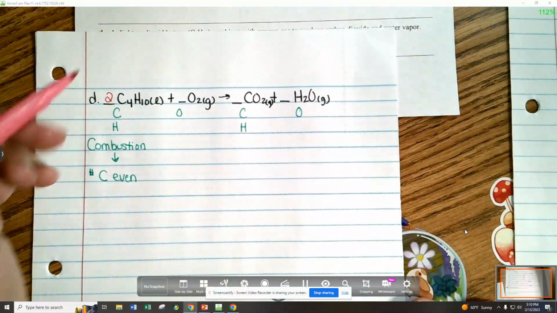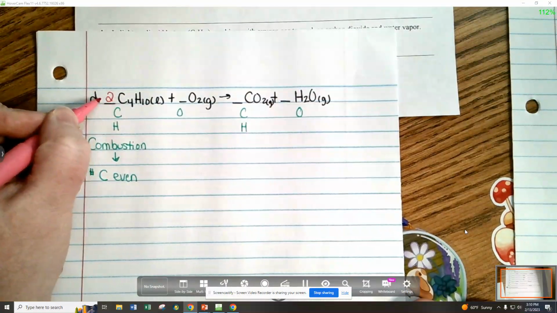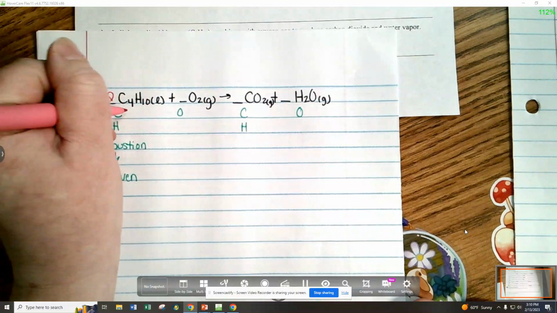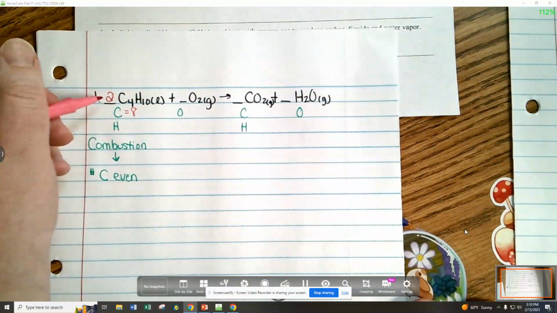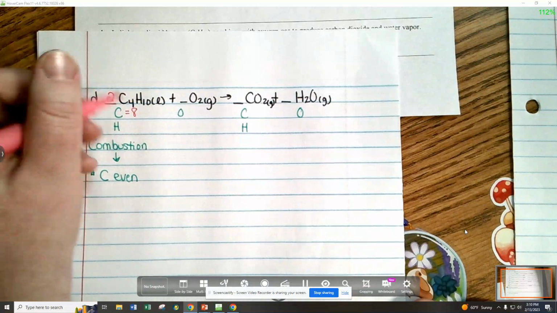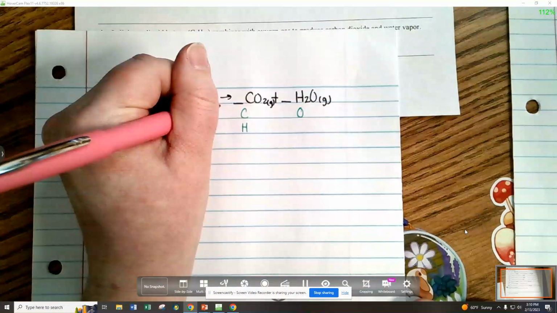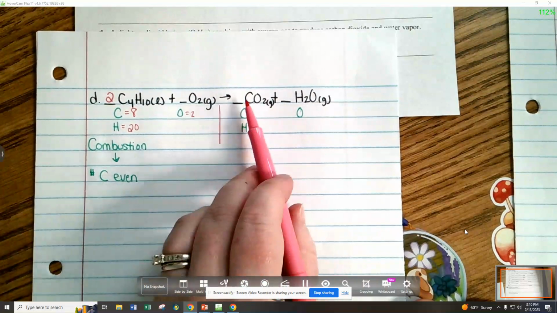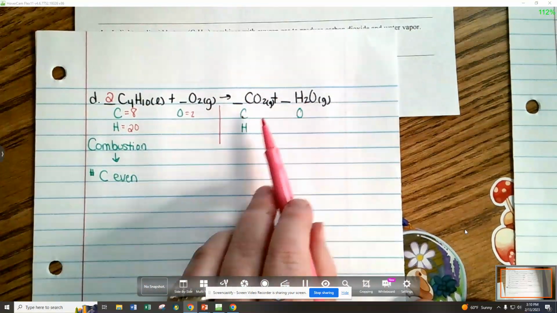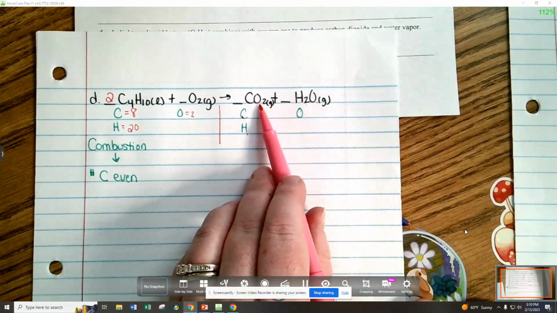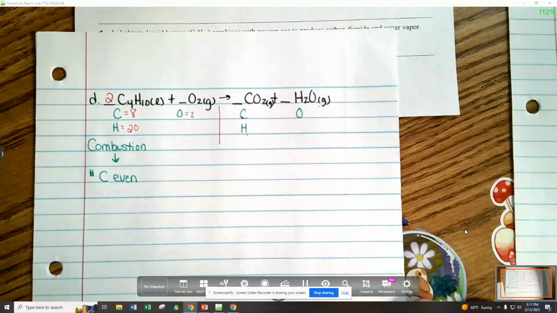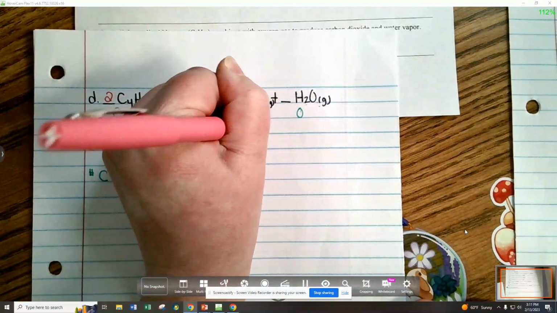Now let's start counting. So looking at that with a 2, that means my reactant side has 8 carbons, and I have 20 hydrogens and 2 oxygen. Comparing it to the product side, I have 1 carbon, 2 hydrogens, and in total, adding that 2 and 1 up together, 3 oxygen. So 1, 2, 3.